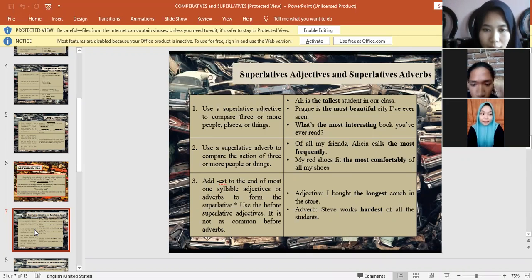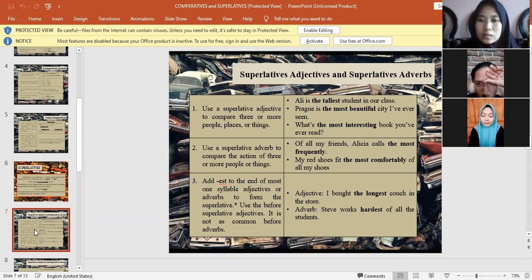Third, add est to the end of most one-syllable adjectives or adverbs to form the superlative. Use the before superlative adjectives. It is not as common before adverbs. For example, adjective, I bought the longest torch in the store. For example, adverb, Steph works hardest of all the students.